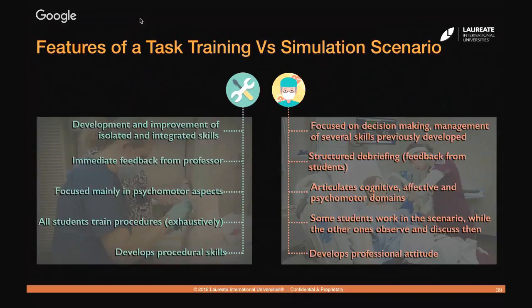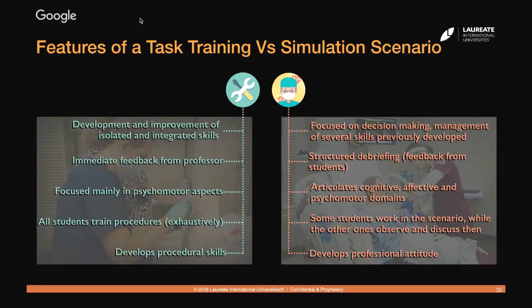So in test training practice, all students are going to train all procedures. They are going to visit all stations, and every single student is going to perform every single task in the session.